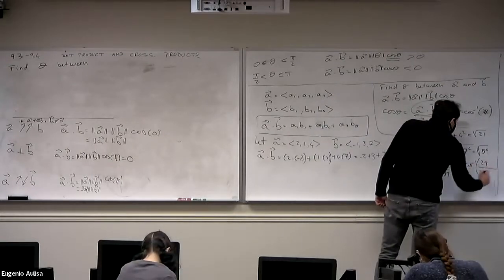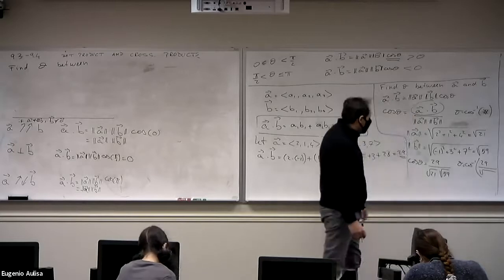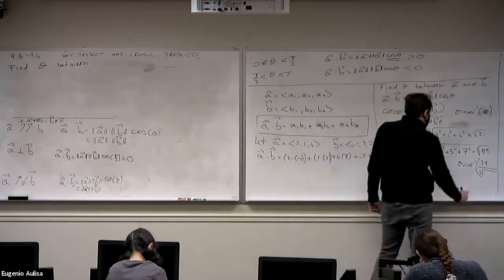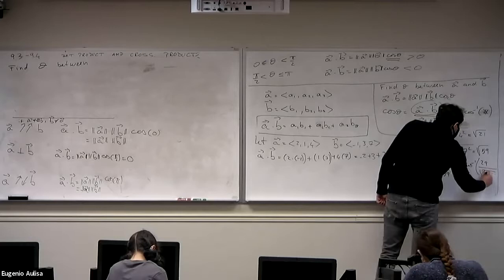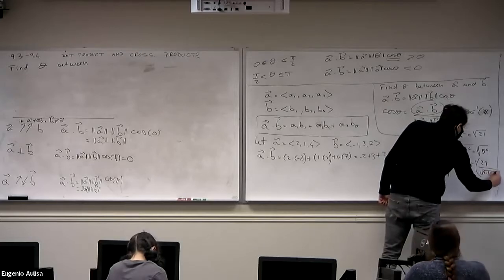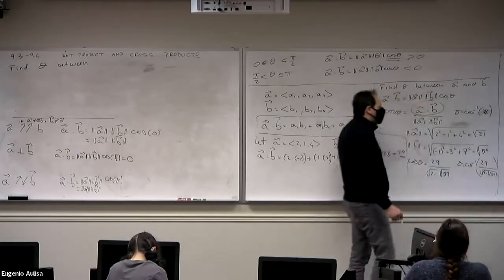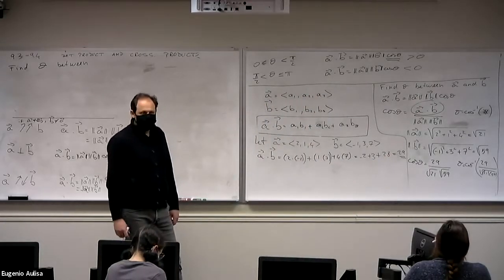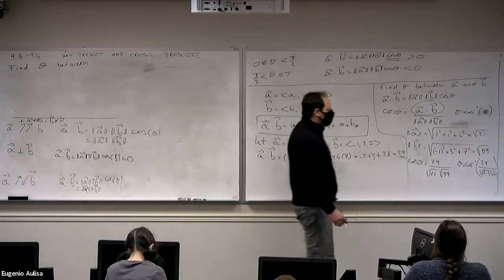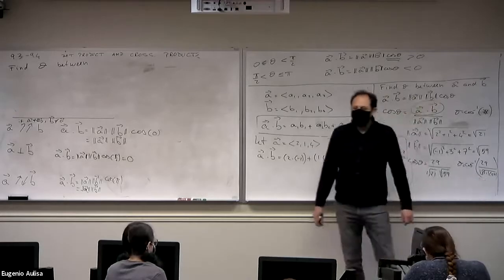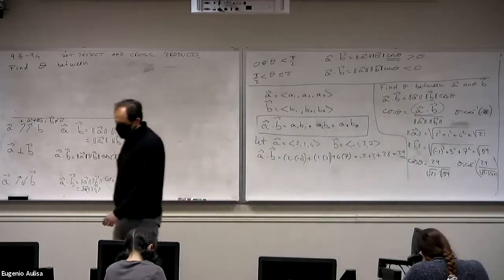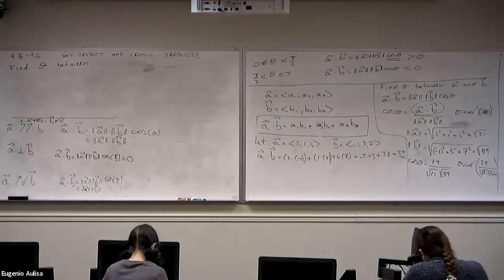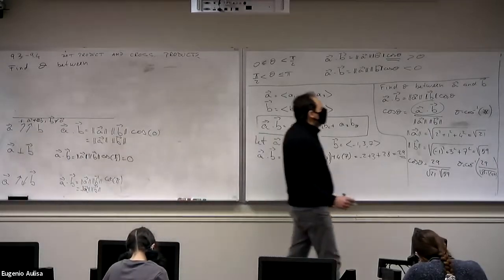There is not too much to simplify. So it's going to be 29 divided by square root of 21 times 59. Of course, this is going to be some number. You can plug it in the calculator and get your angle. Okay, or just leave it like this, where work will accept answers like this one. Now, what is the range of cosine inverse?